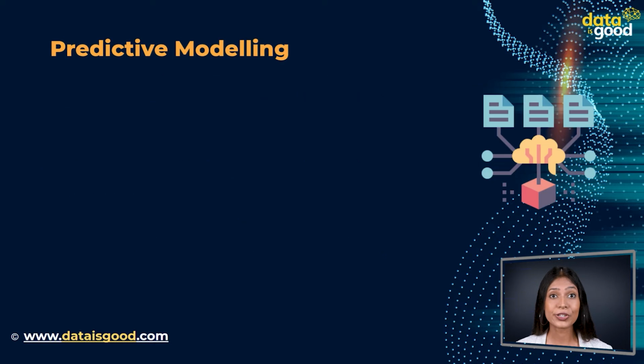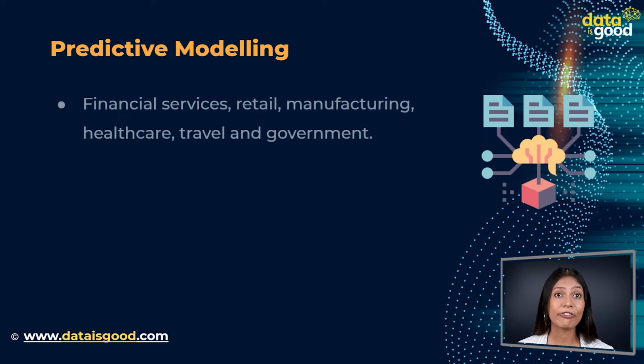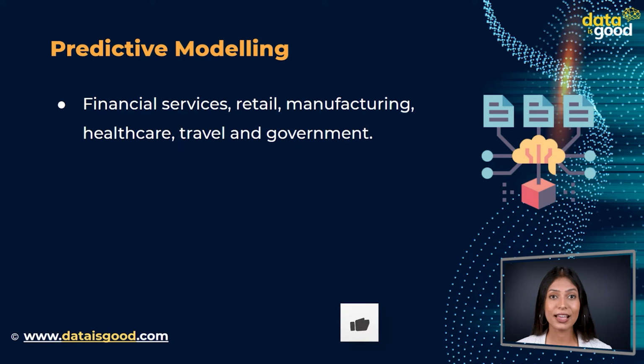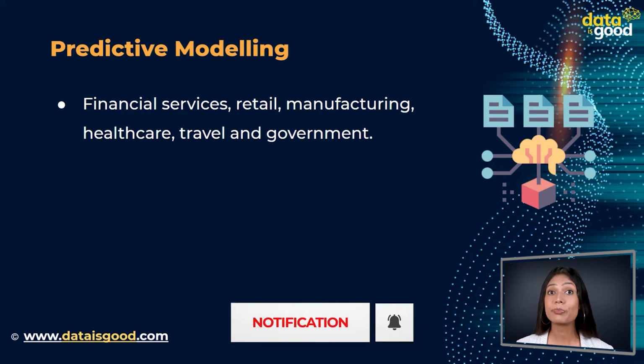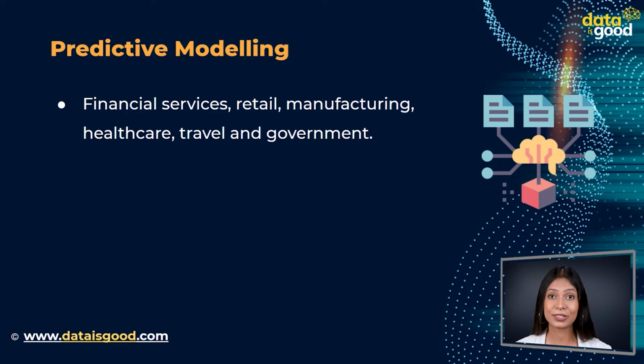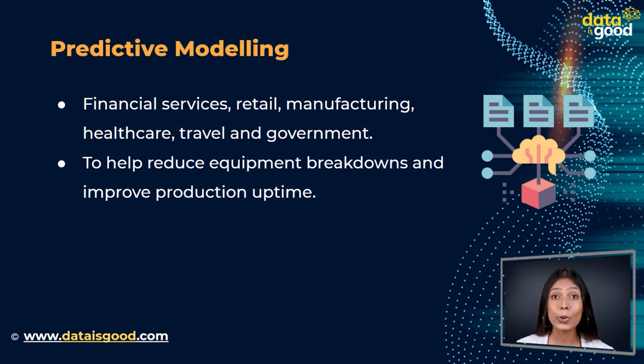Third application of data science is predictive modeling. Predictive analytics applications are used in a wide range of industries, including financial services, retail, manufacturing, healthcare, travel, and government. For example, manufacturers use predictive maintenance systems to help reduce equipment breakdowns and improve production uptime.